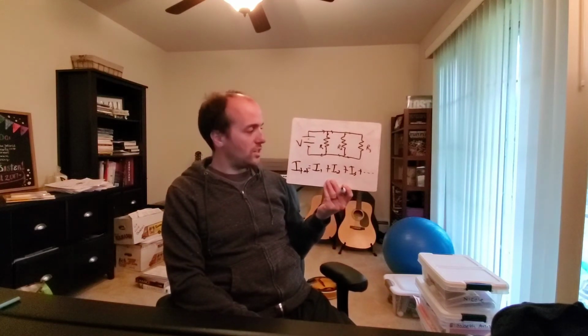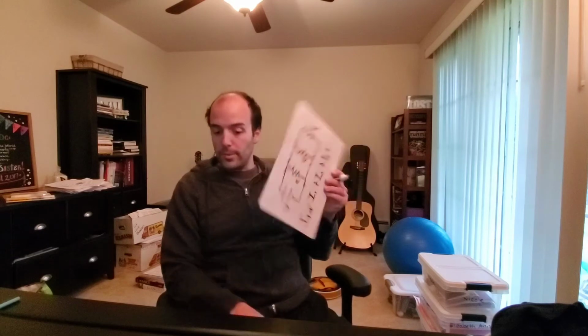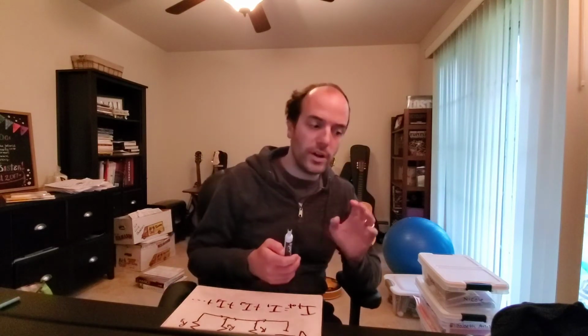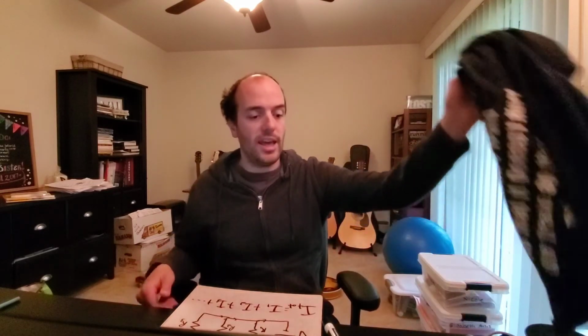All right? Awesome. So now what I'm going to do is take what I know about the voltage in a parallel circuit and the current in a parallel circuit, and use them and Ohm's law to help me figure out how resistance is affected by adding resistors in parallel.